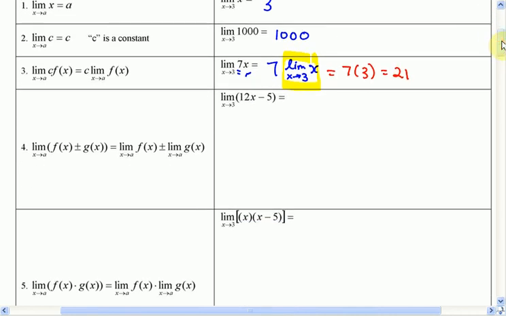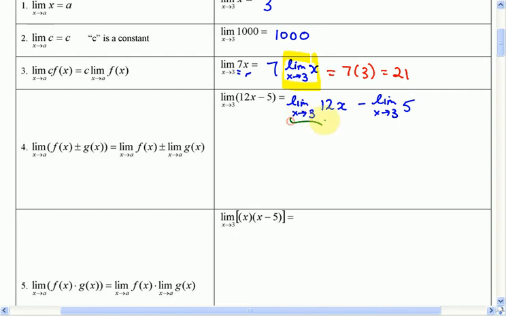Next, the addition and subtraction property of limits. If you have two functions added or subtracted together, and you want to find the limit of that entire thing, then you're just taking the limit of each individual part. As an example, here we have the limit as x approaches 3 of 12x minus 5. We're going to break that up into two parts, the limit as x approaches 3 of 12x, and also the limit as x approaches 3 of 5.